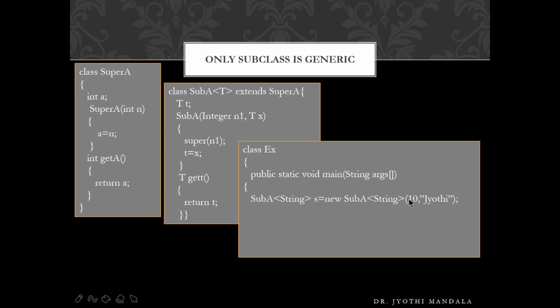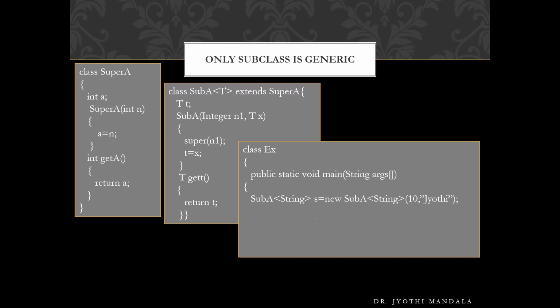Now I am passing two values, 10 and Jyoti, so that the constructor will have n1 value as 10 and t value as Jyoti. X means the T value is String and the x value is Jyoti. So super of n1 means n1 value will be integer because it is a non-generic class. So you have to specify the data type and it always accepts the integer value. So there is no problem here. You will be assigning the value of a to 10 and the t value is assigned to Jyoti.